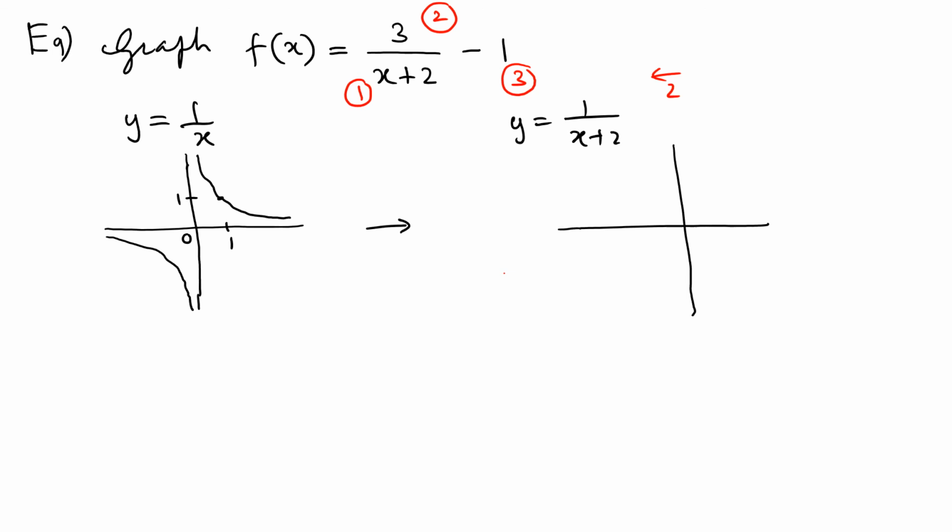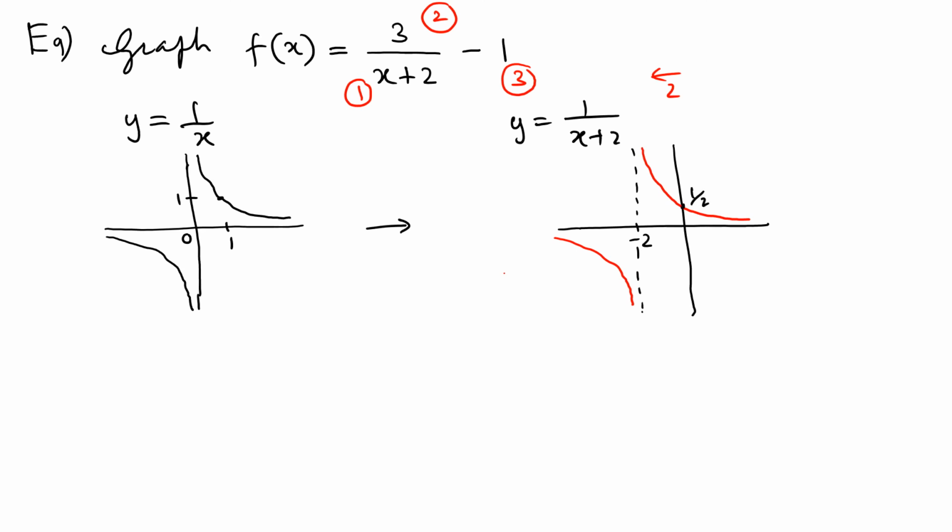That means 0 is going to move to negative 2, and these are what we normally call the asymptotes. They also move, and the new graph is going to go like that and like this. Also, if you plug in x equals 0, you get 1/2.